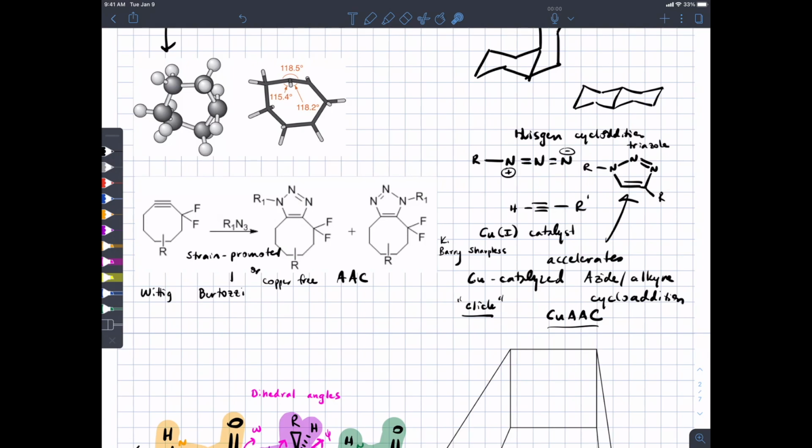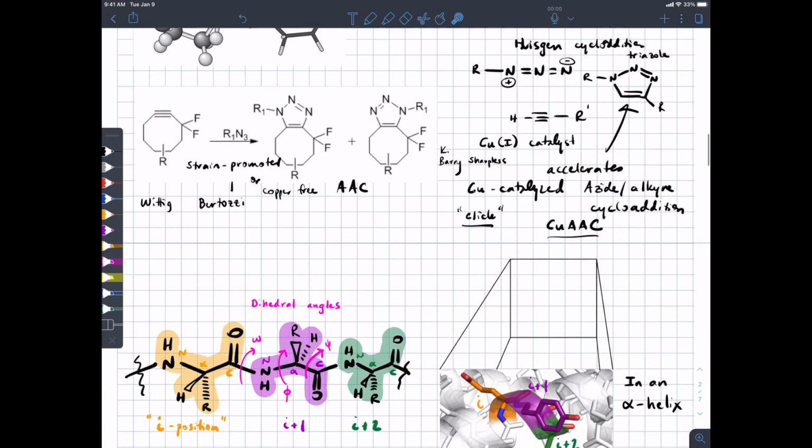It depends a lot on the solution. There are times when we've been able to get it to work and times where we haven't, and it can be something of a challenge. I've never done the strain promoted one, so I don't know how easy that is to do. But if you ever decide you want to do that, come talk to somebody in the Savage Lab or one of my grad students, because we can probably save you some time messing around and not getting stuff to work.